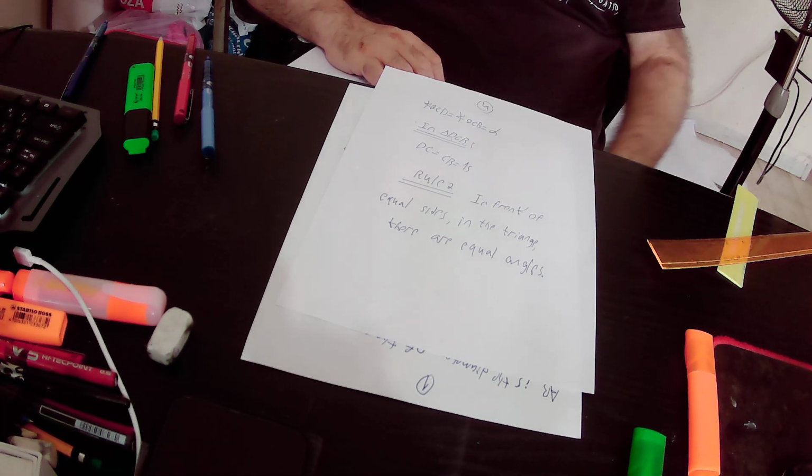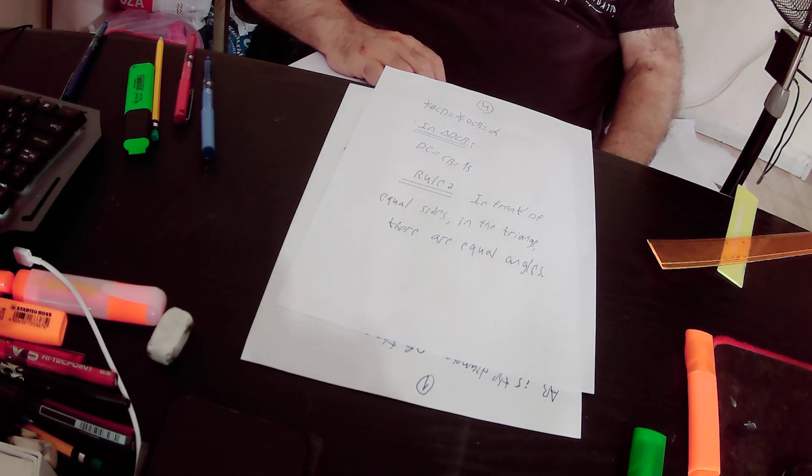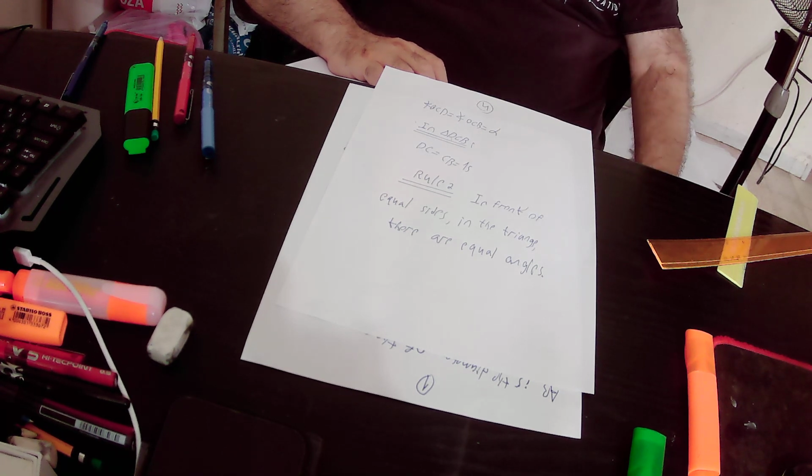And we have rule number 2, which states that in front of equal sides in a triangle, there are equal angles.